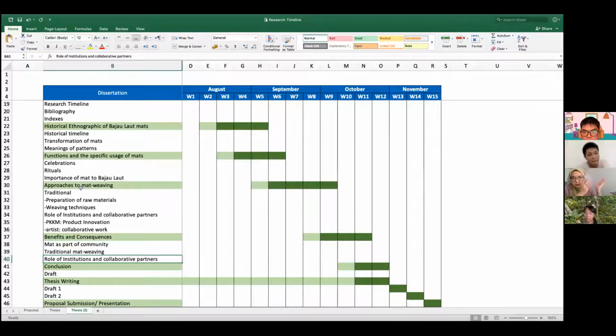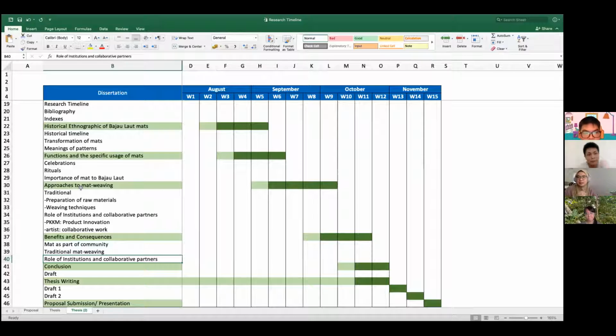Even if you write to them, I wrote to them and they haven't gotten back to me. So it's basically Facebook and Instagram, finding out the current situation. What is the current state of the Bajau Laut mat?